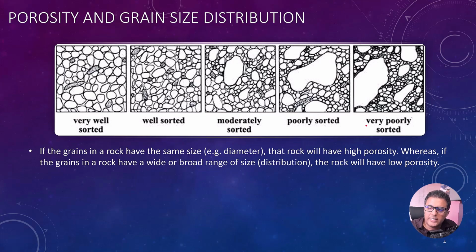On the other hand, if we have a rock in which the grains are poorly sorted, which means that we have a wide range of grain sizes from very small to big, what you see here, in that case, the rock has very low porosity. So indeed, porosity doesn't depend on grain size, but on grain size distribution. The wider the range of grain size distribution in a rock, the lower the porosity.